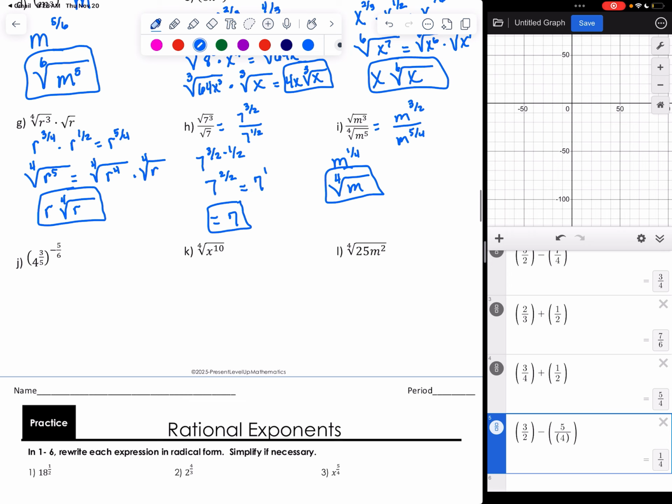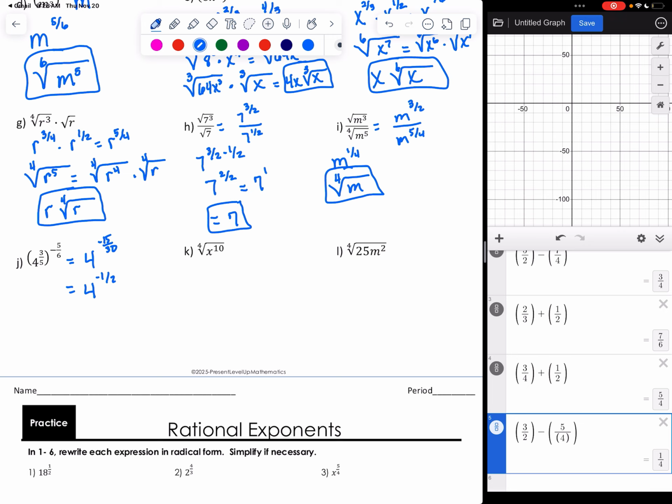All right, in problem J, we have 4 to the 3/5 power raised to the negative 5/6 power. So to raise a power to another power, we multiply the exponents. So this would be the same thing as 4 to the negative 15/30 power, which is the same thing as 4 to the negative 1/2 power.